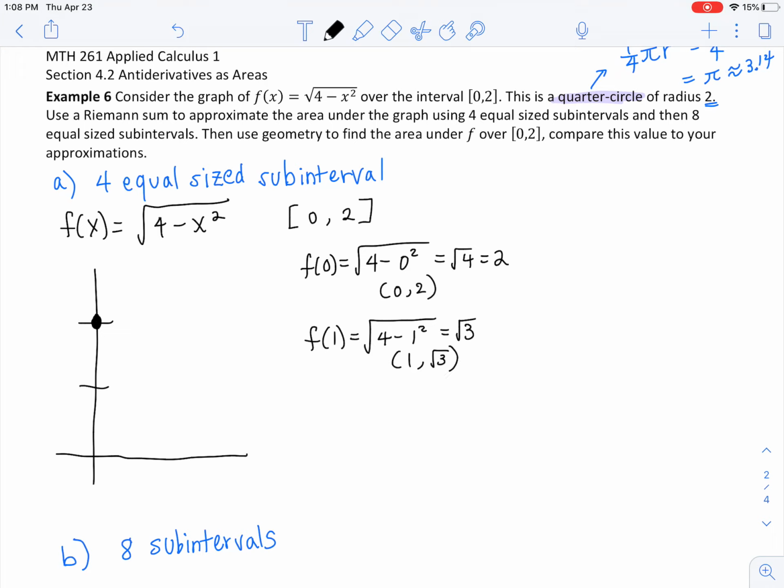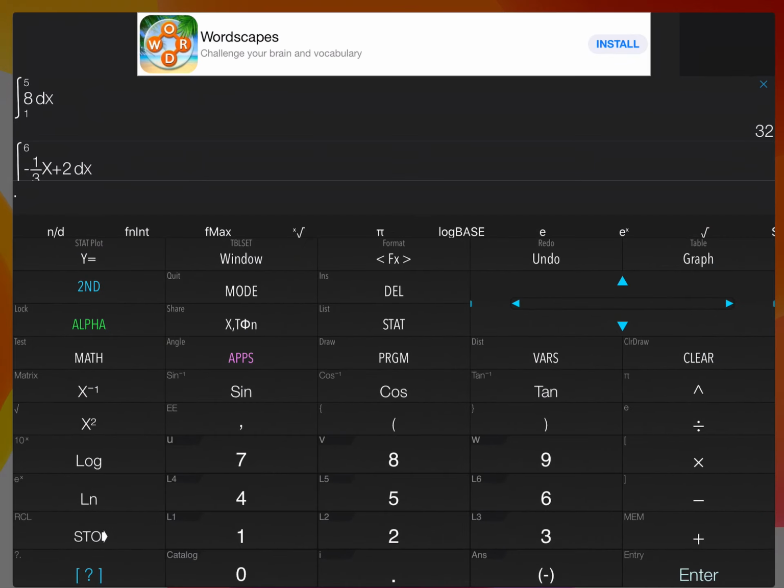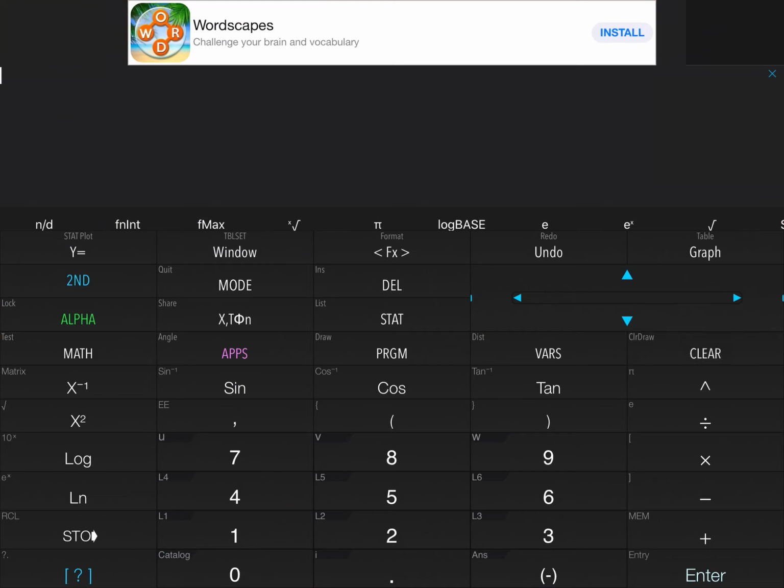Now, what about another one? I guess I can do infinitely many points, but who has time for that? So let me do the next point, 1. So I'll do square root of 4 minus 1 squared. Ew! Square root of 3. So suppose we plot a point at 1, square root of 3. What's that approximately?